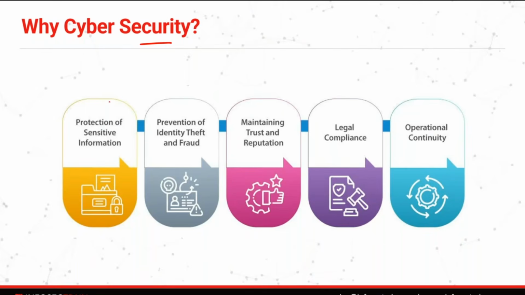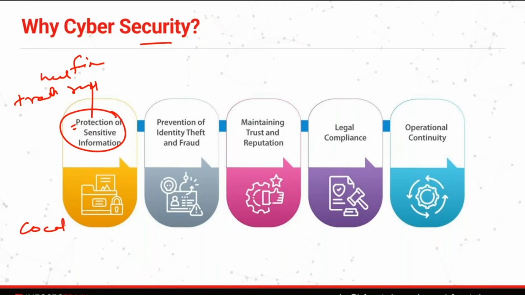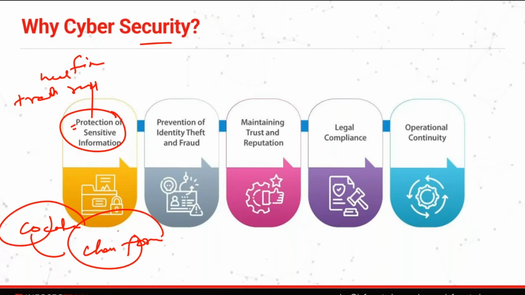Organizations are handling sensitive data. They need to protect that sensitive data. They have financial records, health records of patients, trade secrets, some very, very restrictive data. For example, if I give you the example of the Coca-Cola company, what is the trade secret of that company? The chemical formula with which they create the Coca-Cola drinks.